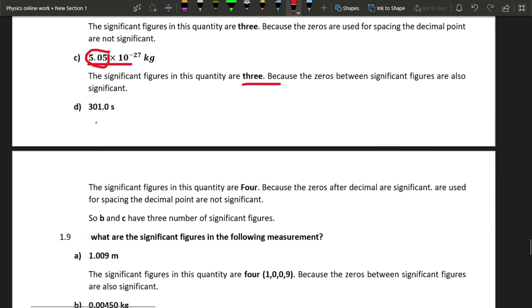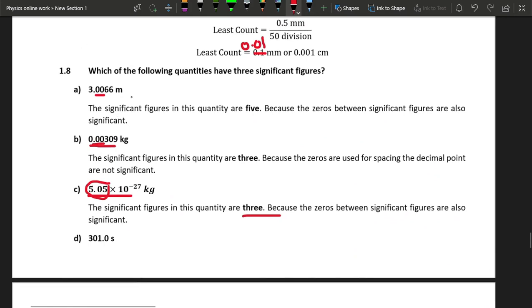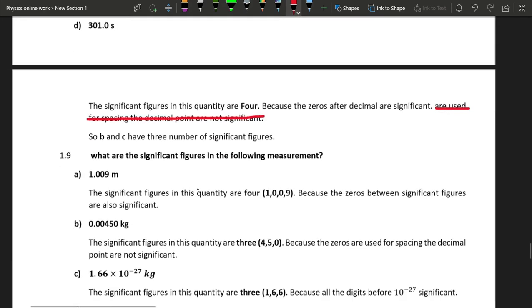And similarly 3.010 seconds, the significant figures in this quantity are 4, because zeros after the decimal are also significant. Okay, right, just cut this thing. So we come to know that option B and option C have 3 significant figures.